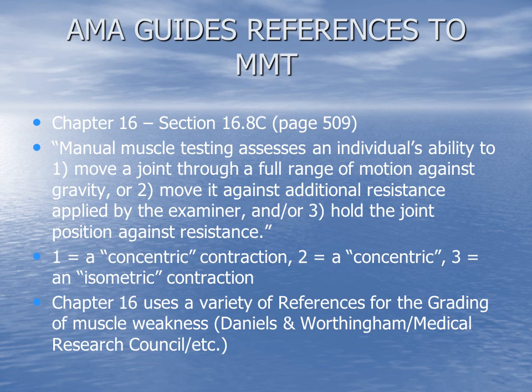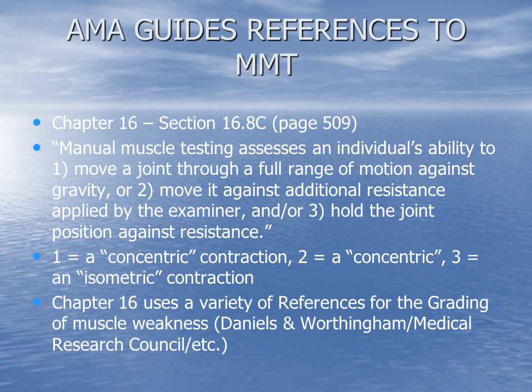Now, when we do manual muscle testing, we need to be aware that there are many different types. There are 3 different types of muscle action and muscle contractions. We have concentric contractions, where there is a muscle shortening action.